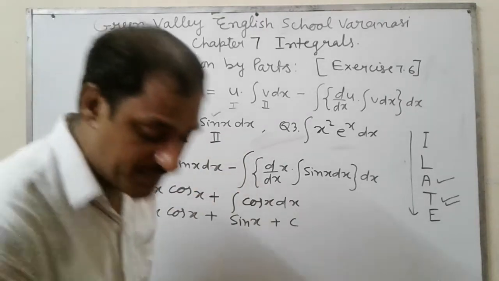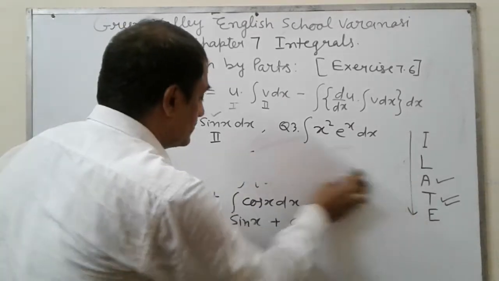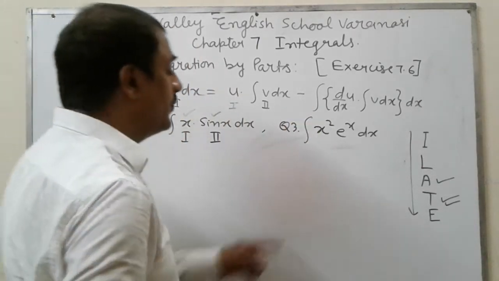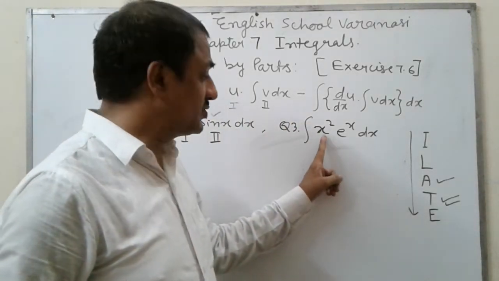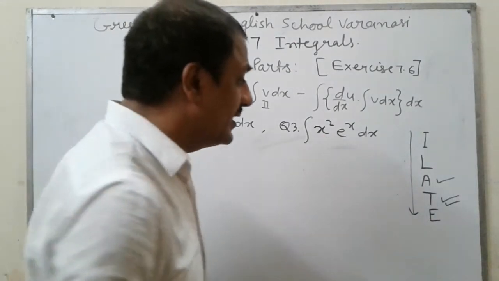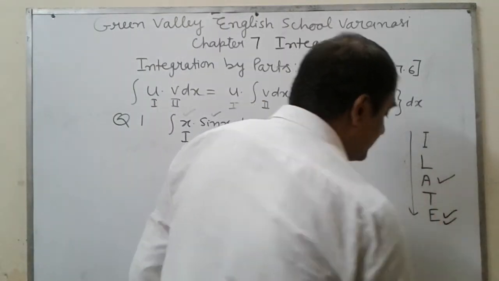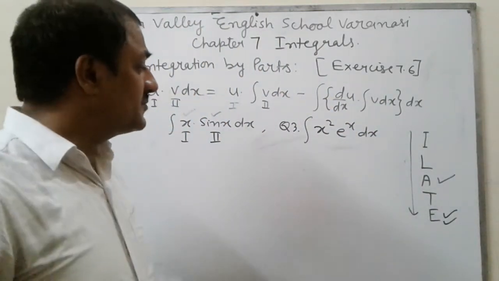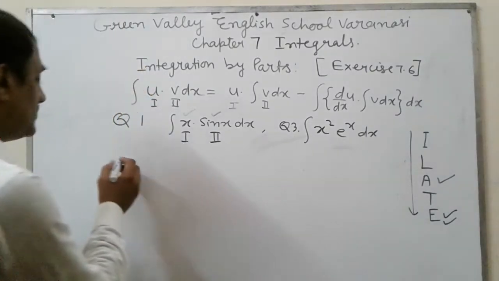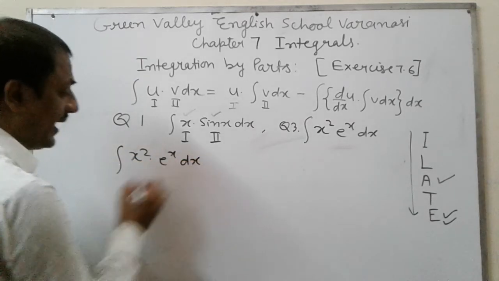Now I am going to solve the third question of this exercise. Here we have two functions. One function is algebraic, x square, and e power x is exponential. So the first function will be x square and the second function will be e power x. So the integration of x square into e power x dx.